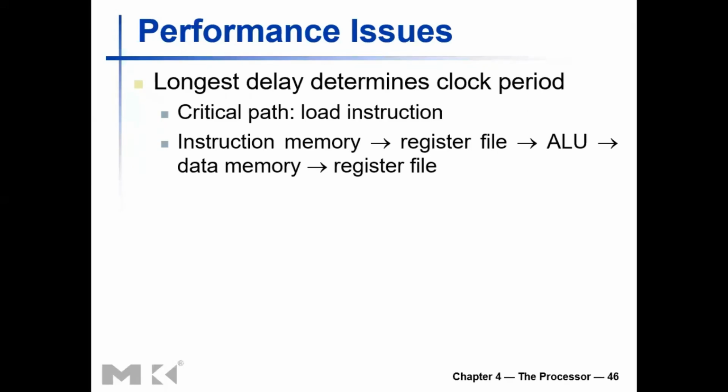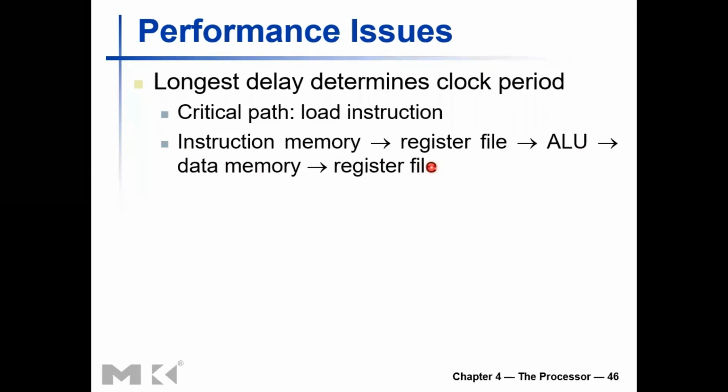Then we saw that the load instruction acts as the critical path for our single cycle CPU, where you fetch the instruction using instruction memory, then the register file, then the ALU, then the data memory, and again going back to the register file to write a result.